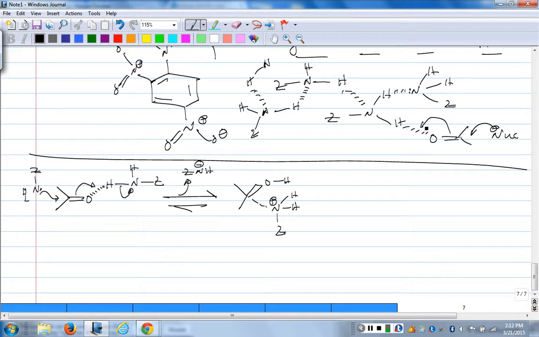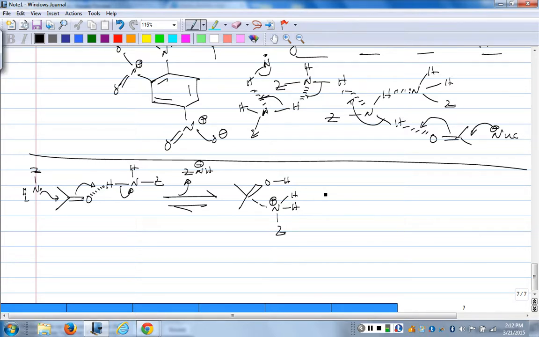So the minus charge is not localized on this N. It's distributed between this N and this N, right? It's going to go like this, and this, and so on and so on, so it's distributed through the entire system. So no one N bears the brunt of the negative charge.